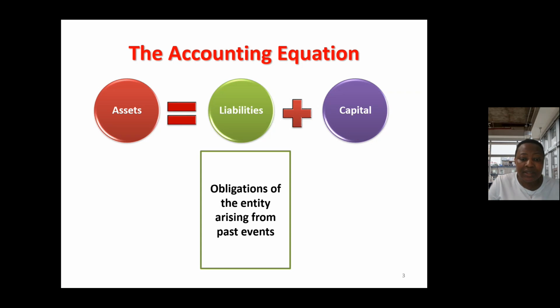So we refer to liabilities as obligations of the entity that arise from past events. So while assets are the resources that a business controls as a result of past events, liabilities are the obligations that arise as a result of some of these past events.